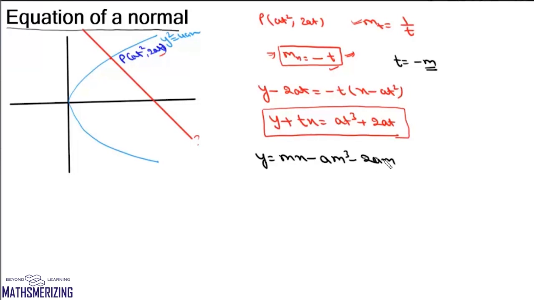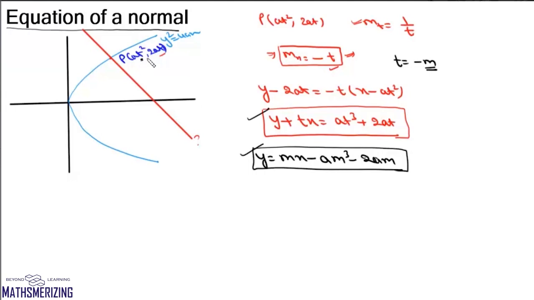So the equation of normal to a parabola in terms of slope of normal is y equals mx minus am cube minus 2am, and in terms of parameter t, it is y plus tx equals at cube plus 2at. So this is the equation of normal for the first form, which is y square equals 4ax.